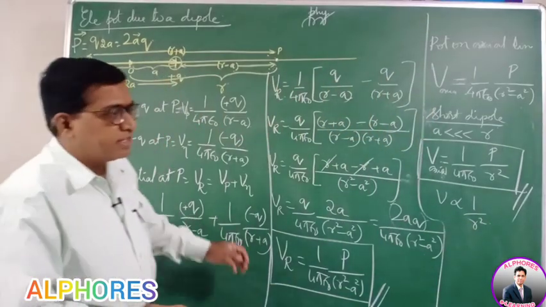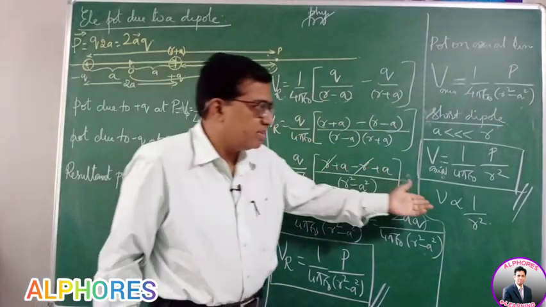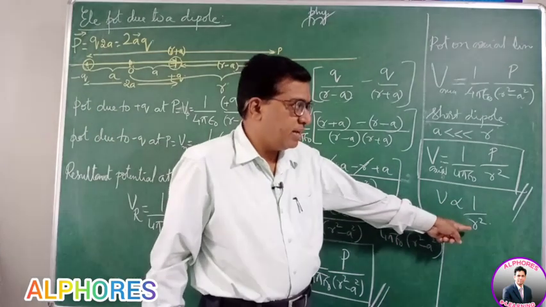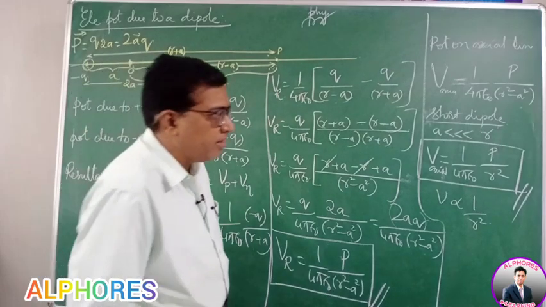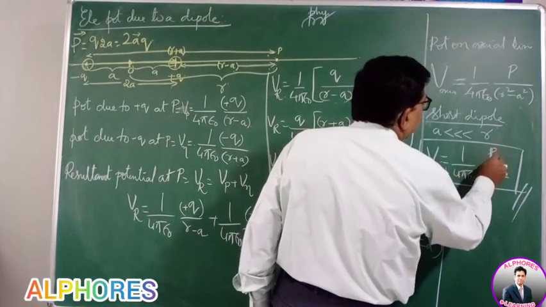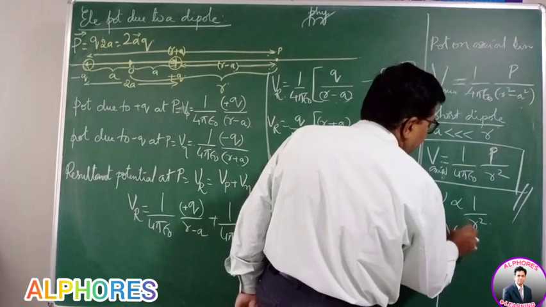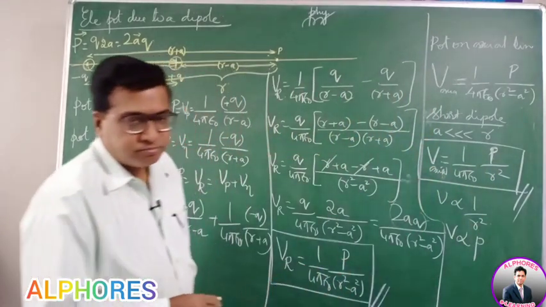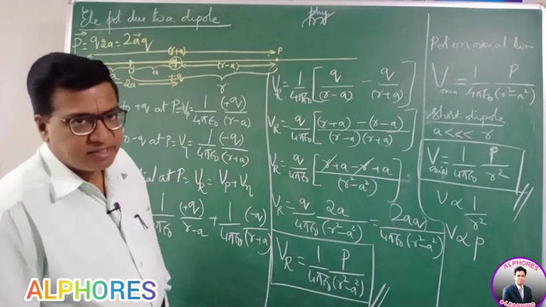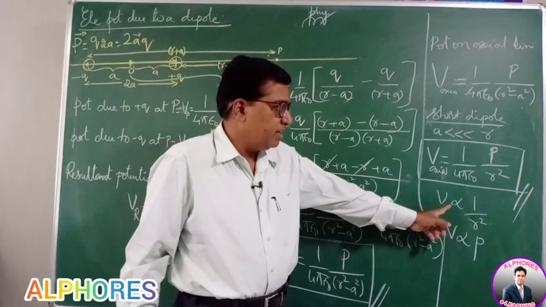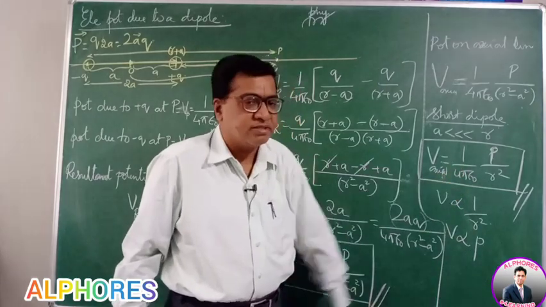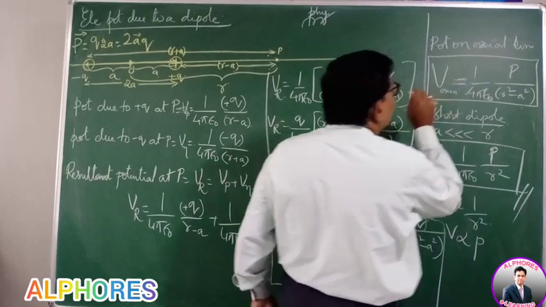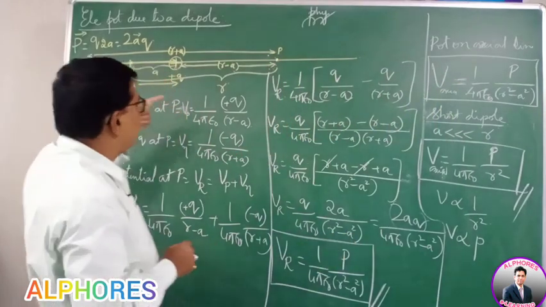For the electric dipole, potential on the axial line is inversely proportional to the square of the distance. It obeys inverse square. Dipole moment is P, so the potential depends on dipole moment. V is proportional to P and V is inversely proportional to r square. So V is 1 by 4 pi epsilon naught P by r square for a short dipole. For a complete dipole, for a finite length, the length is not negligible.